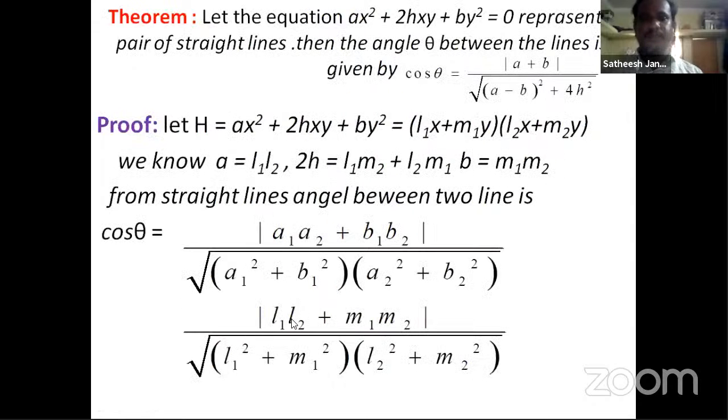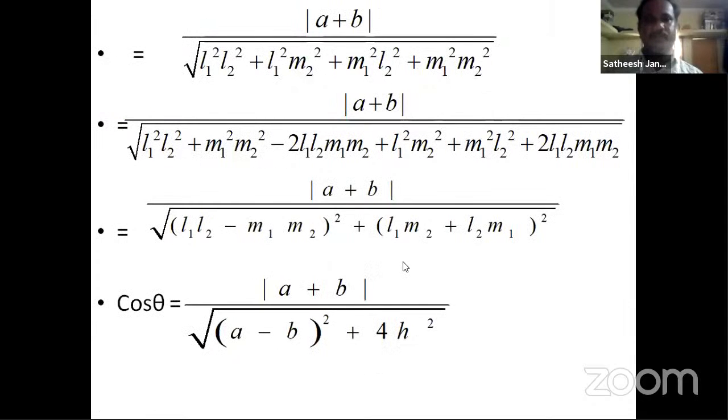What is the value of L1 L2? That is small a. M1 M2 is the value of small b. Substitute in the modulus, we get a plus b. And also observe the product in the denominator.